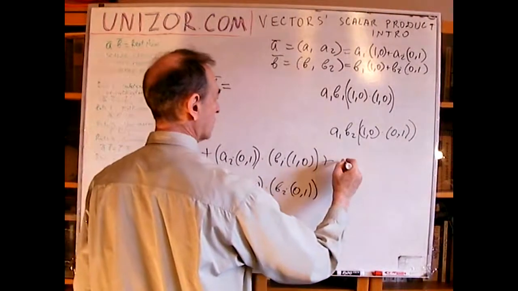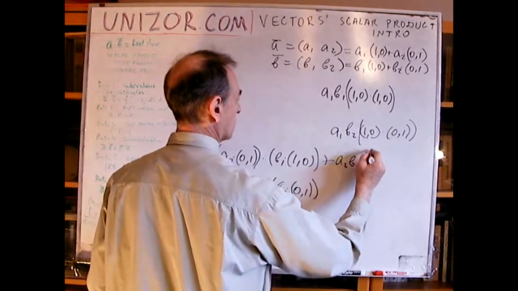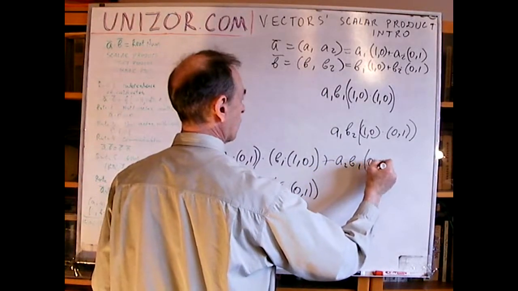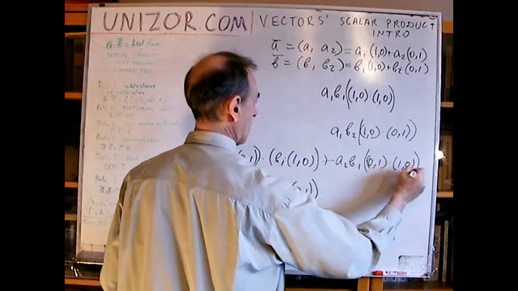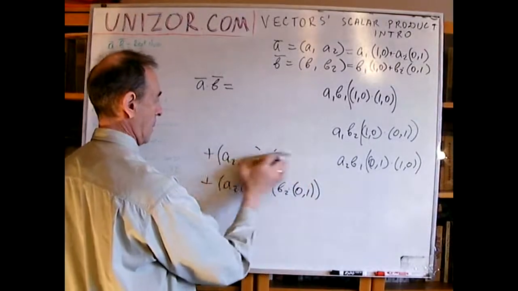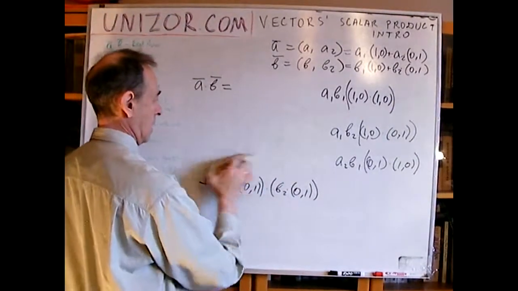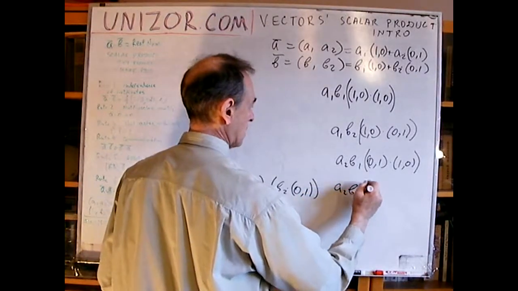Instead of this component, I will have A2, B1, (0, 1), scalar product (1, 0). And finally, this one would be replaced with this.